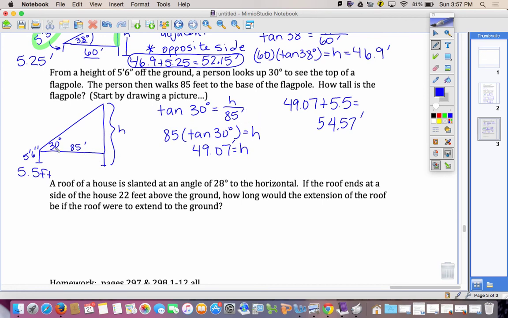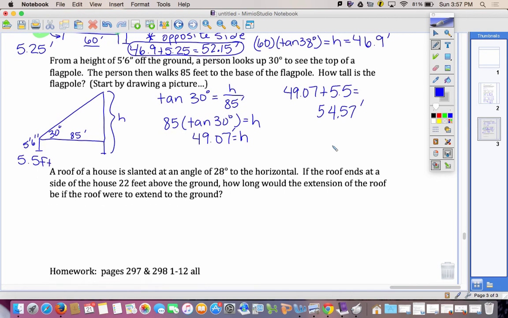When I multiply 85 by tangent of 30, I get 49.07 feet. If I add in the 5.5 feet from my height, I get approximately 54.57 feet, or 54.6 feet tall. So hopefully you got the same answer I did.